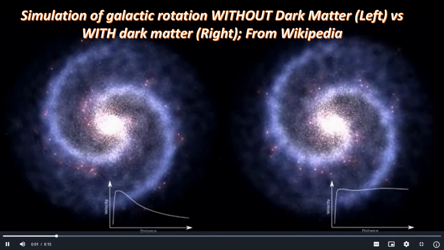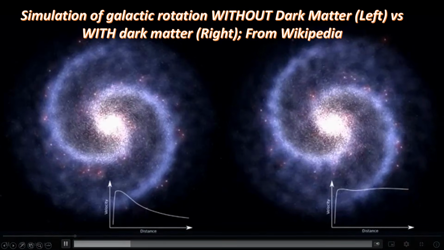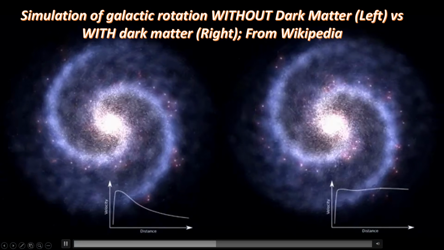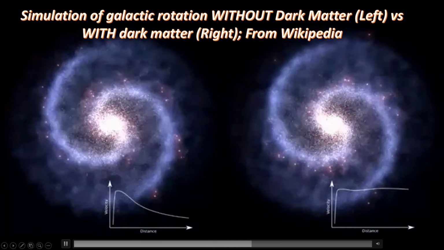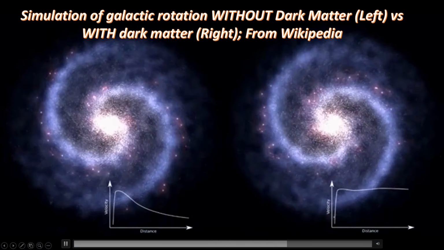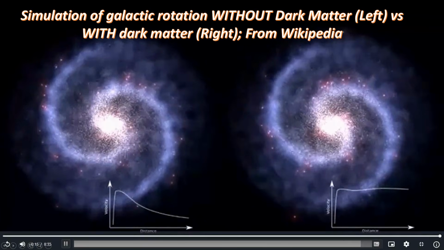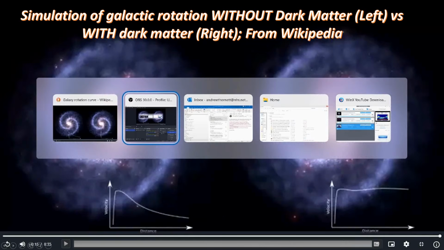Here we are. So what I want you to notice is that the inner part of the galaxy is moving at the same speed, but the outside of the galaxy is moving more slowly on the left hand side than it is on the right hand side. And the reason for that is demonstrated by these graphs here.